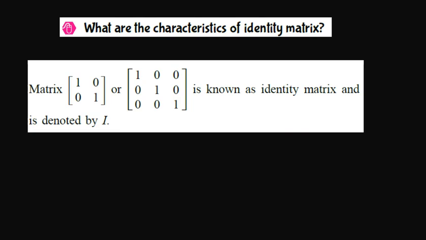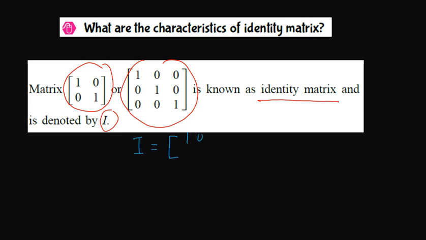the matrix for this one is known as identity matrix and denoted as I. When you want to denote your identity matrix, you always use I. The I equals this one, 1 0 0 1. So people will know that when you write I there, the meaning is identity matrix.